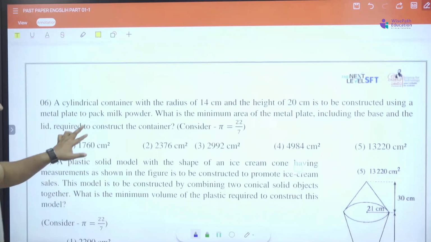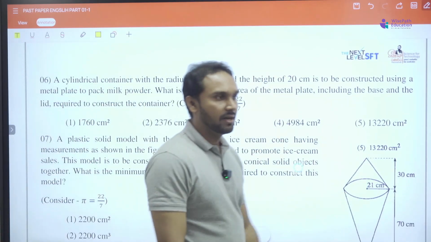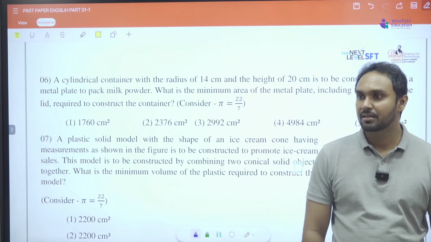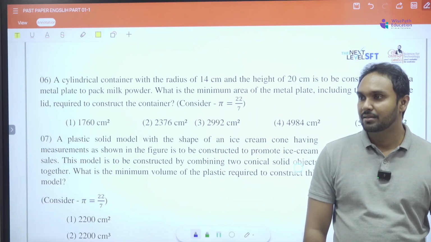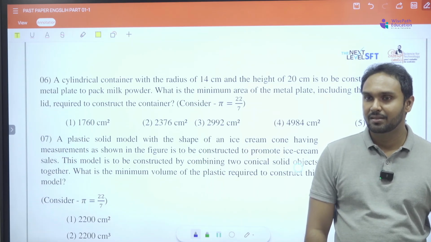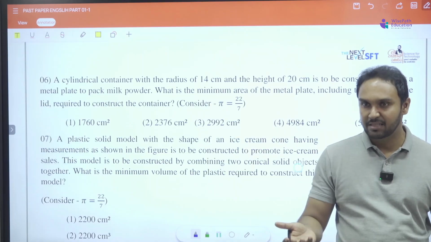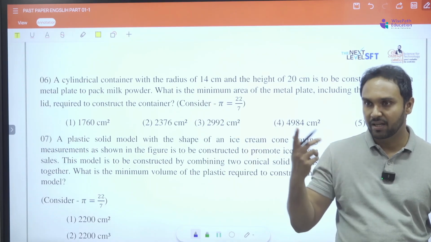How do you find it? What is the area of a cylinder? Now this is easy. That is volume. Yeah, the base and the lateral area, right? Base is πr squared, so 2 of the πr squared are there.